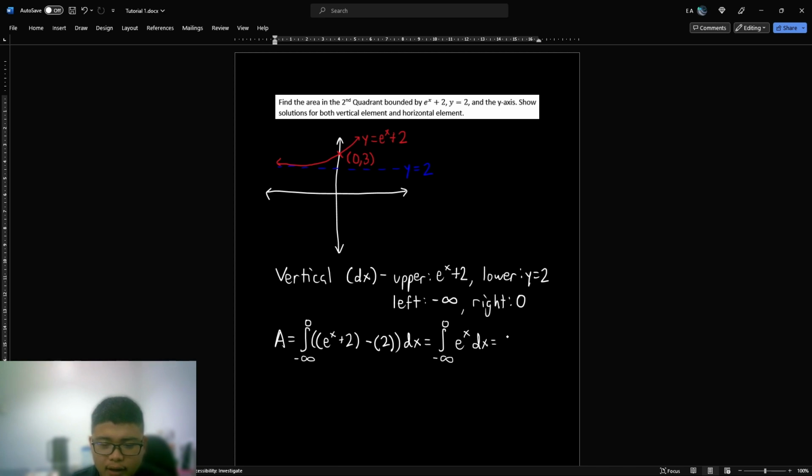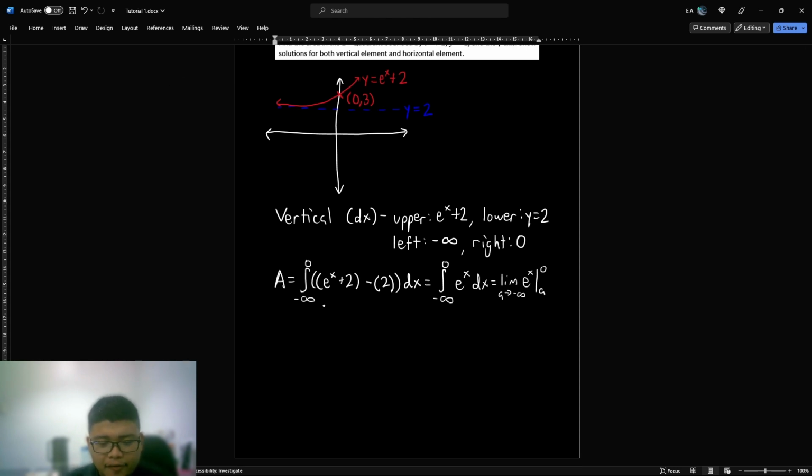This is simply the limit of e to the x evaluated from a to 0 as a approaches negative infinity. Take note that this is actually an improper integral, so you would be needing limits. I already integrated e to the x dx, which is just basically e to the x.